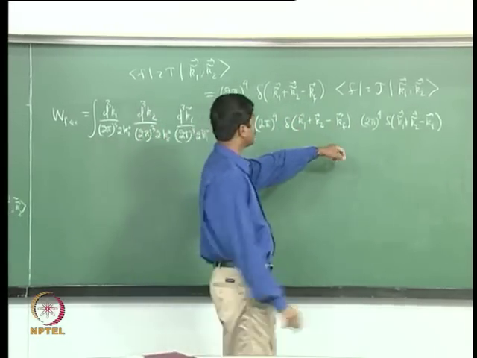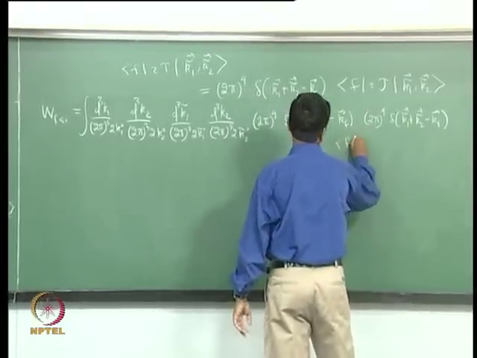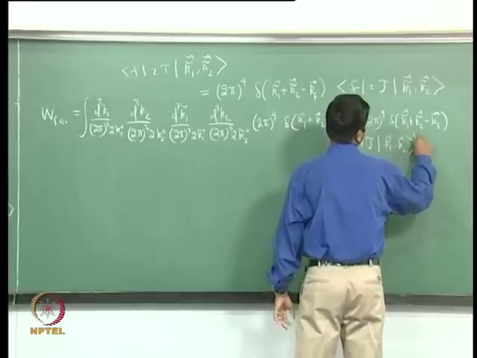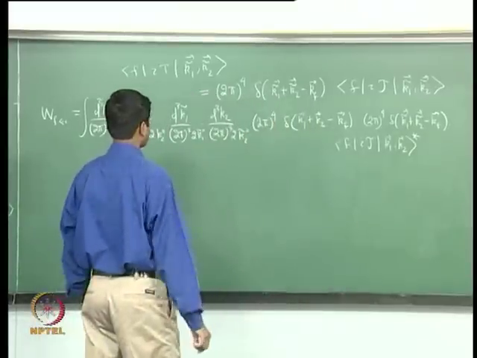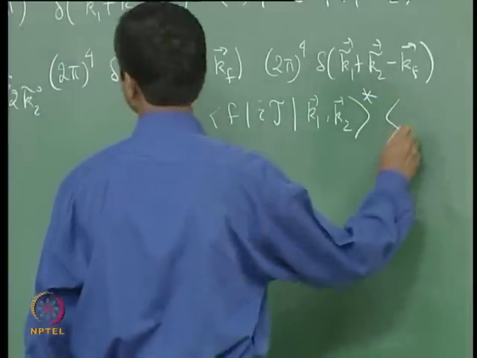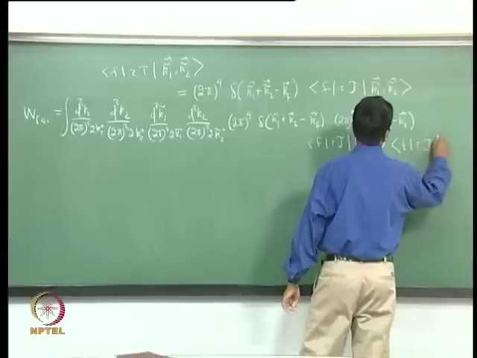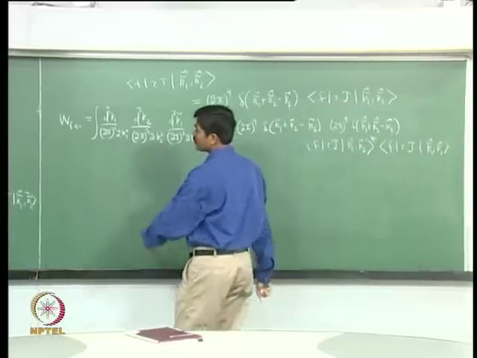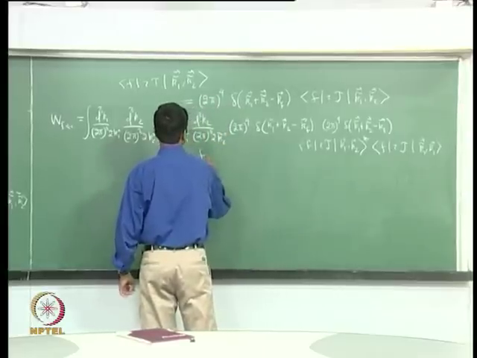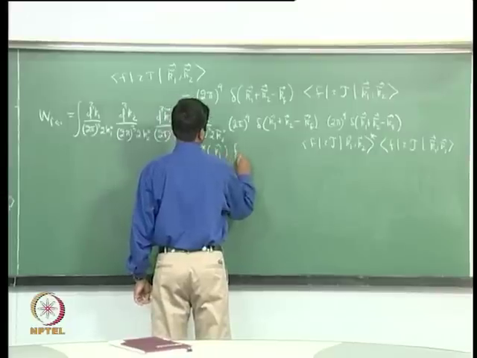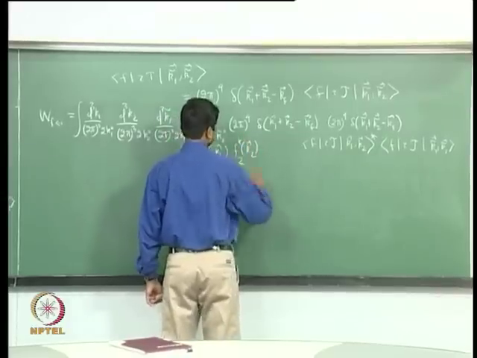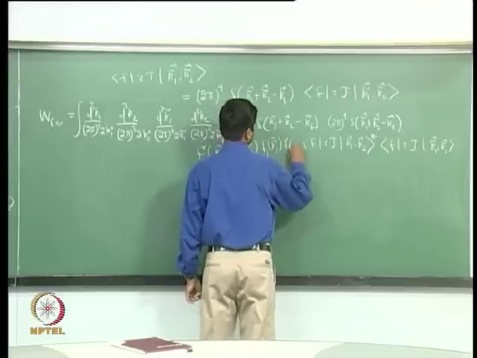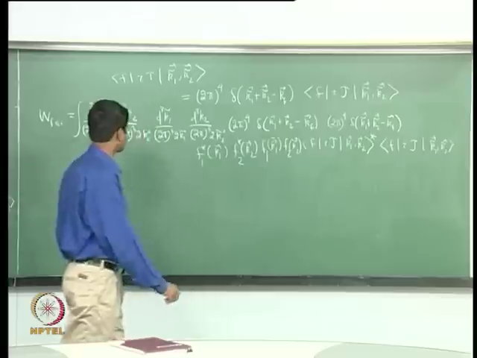Then these two matrix elements, f_i t(k1, k2) star times f_i t(k1 tilde, k2 tilde), and then also I have f1 star of k1, f2 star of k2, f1 of k1 tilde, f2 of k2 tilde. This is what I get.